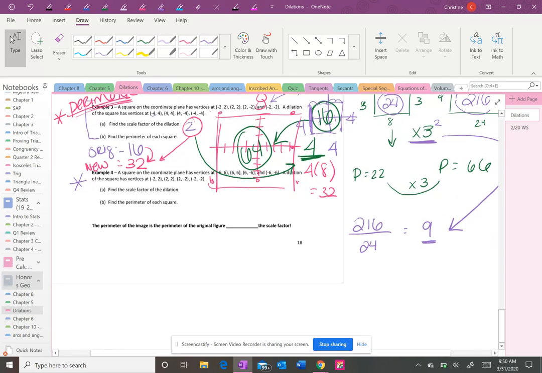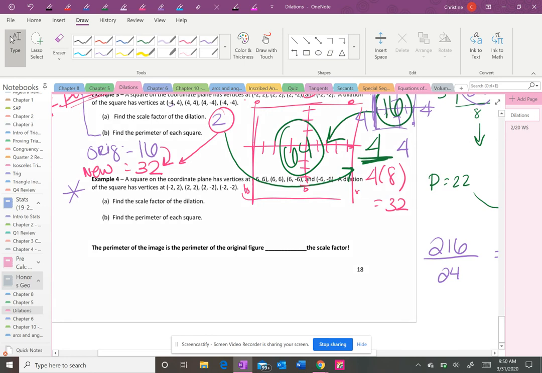Okay, and then for the last one, let's just do this real quick. These are all located at 6, so this one's going to be scaled down by 1/3. It says find the perimeter of each square. All we have to do is find the perimeter of the first square.